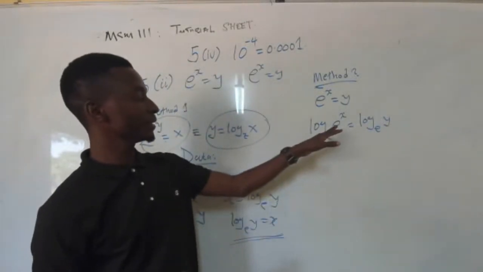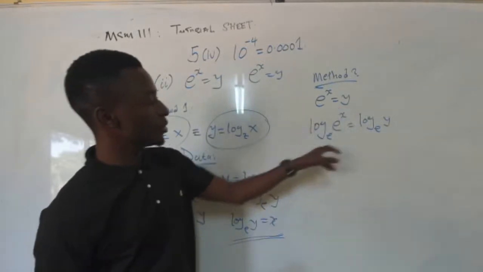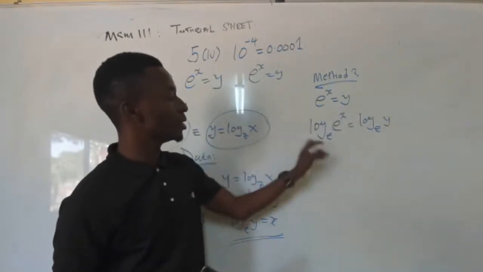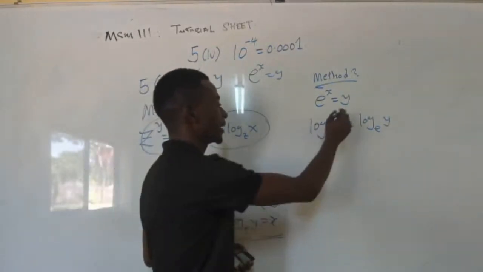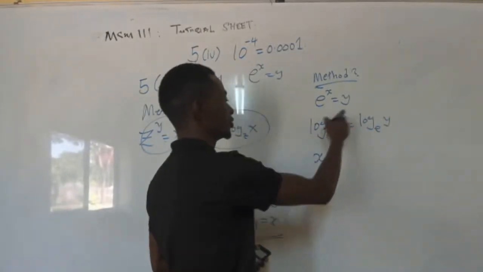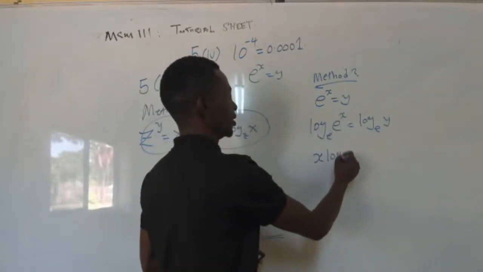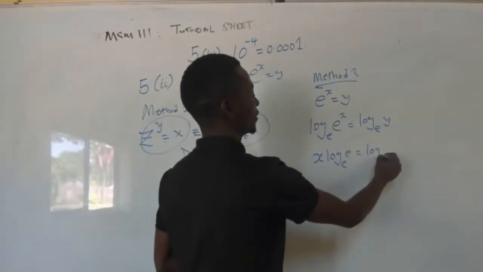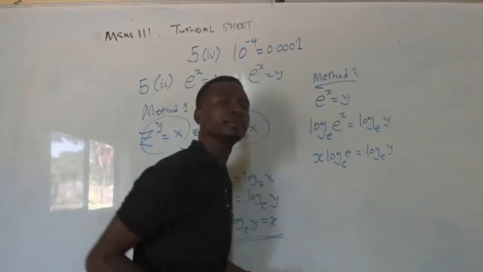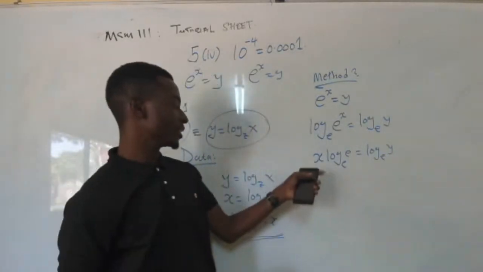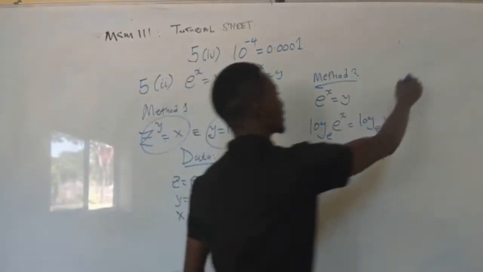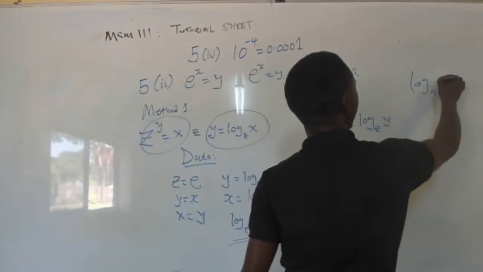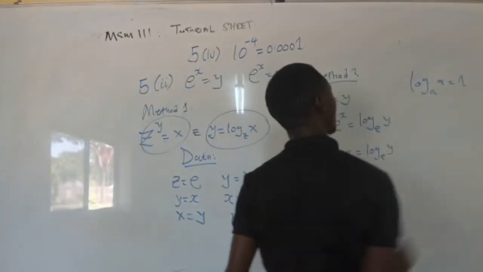So that's what you're getting. You apply now the rule of logarithms. So from there, it means with x, you drop the power: x log e equal to log e y. That's what you're getting. Now from there, we all know that log a a is equal to 1.